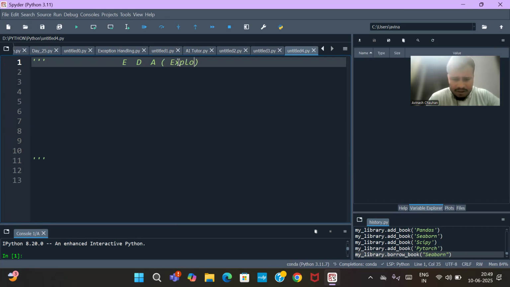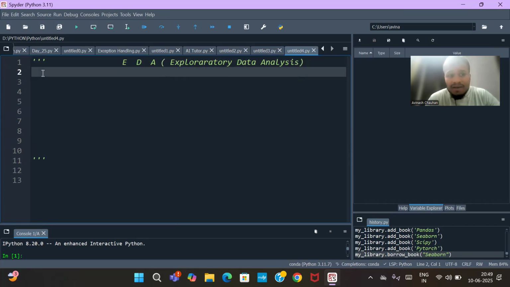It is exploratory data analysis. And behind EDA, what is the most important thing? That is statistics. You can't run from maths. If you are learning data science, you can't run away from maths.